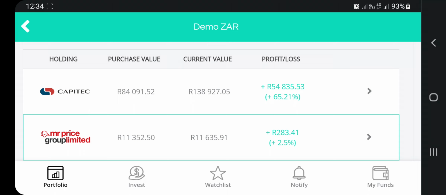For me, my minimum investing period is always 3 to 5 years. My medium one is from 5 to 7 years. Then my maximum, or my longest, is 7 to 10 years.